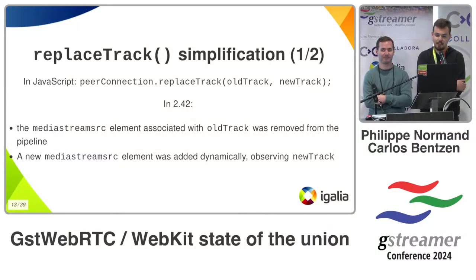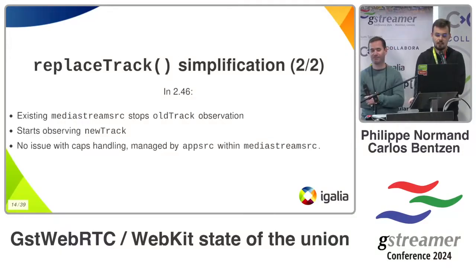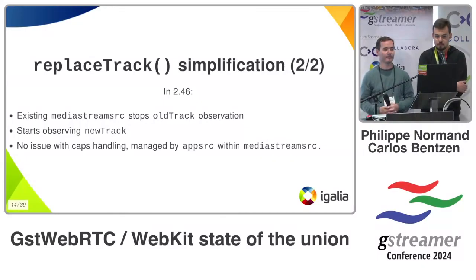And doing this unlinking and relinking caused also issues in some situations. And nowadays, we reuse the same media stream source, and we basically just stop observing the buffers from the old track. And because we are just reusing the media stream source and pushing those new buffers in the appsrc, the caps handling is also better handled there. We don't have any more issues with that.